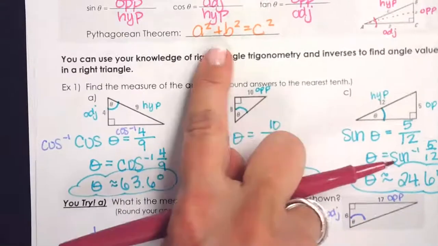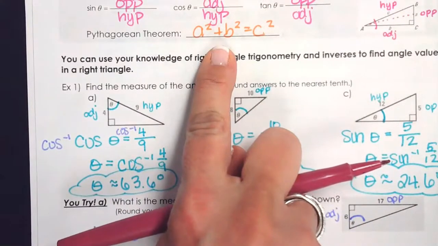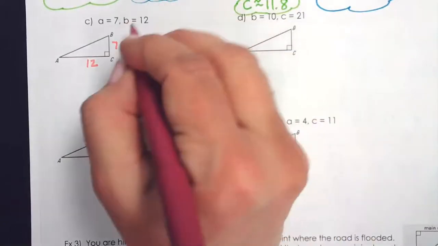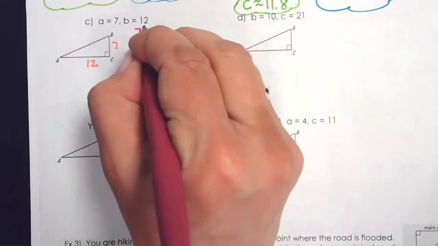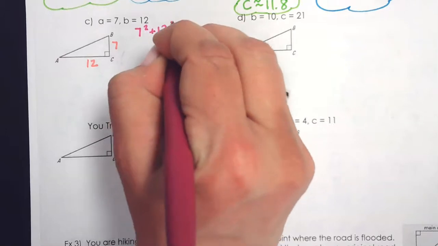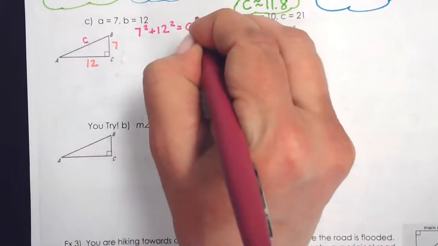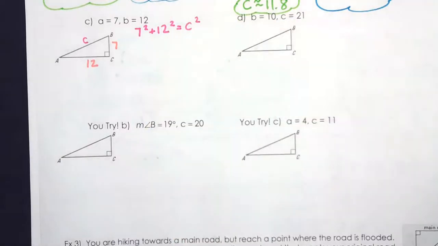But there's something else that we reviewed, the Pythagorean theorem, as some of you were saying. If you know two sides of the triangle, we can find the other side. The reason I'm using the Pythagorean theorem in this case is because 7 and 12 aren't rounded.